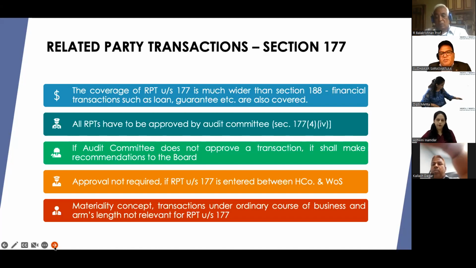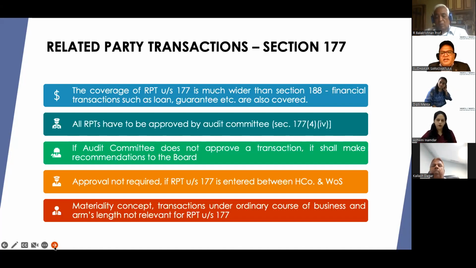Recommendation means what? Is it a positive recommendation or a negative recommendation? There are 3-4 aspects here. If the audit committee is approving the transaction, then obviously if it requires to go to the board under 188, it will go to the board and then the board has to take a call.